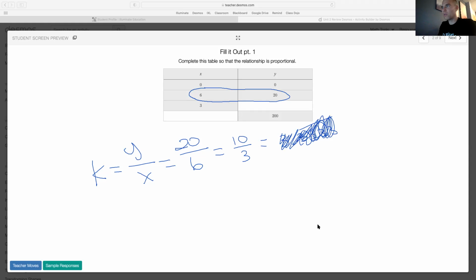So we're going to use this 10 over 3 as our constant of proportionality. And so in order to fill in this box right here, I need to take the 3 from the x column and multiply it by my constant of proportionality, which is 10 over 3. Now I'm going to think of this 3 as 3 over 1.